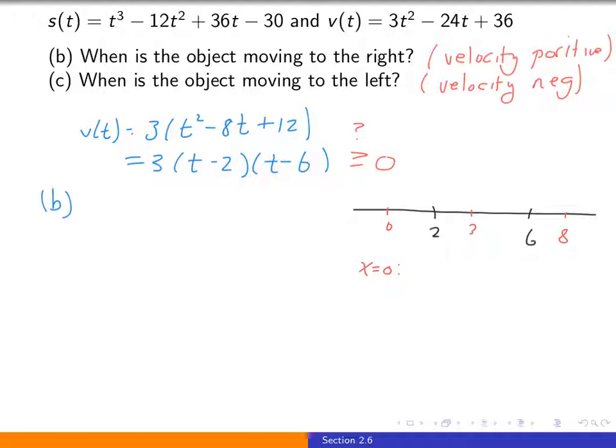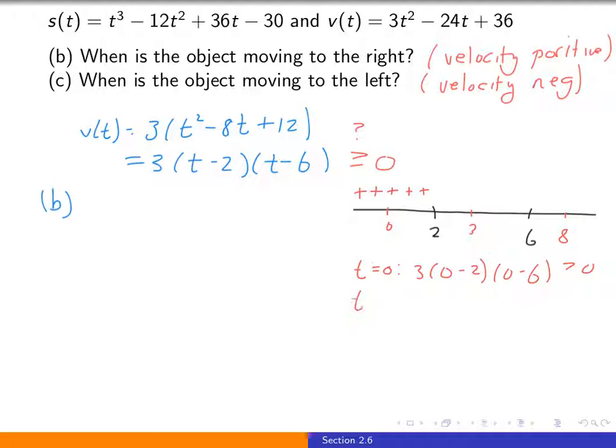So when t is 0, we have 3 times 0 minus 2 times 0 minus 6, which is going to be positive. So our expression is positive to the left of 2.